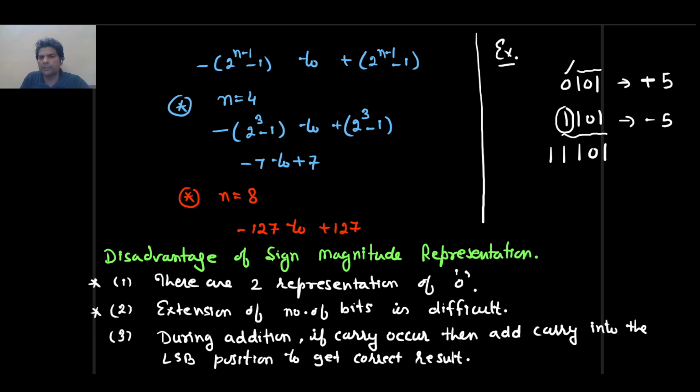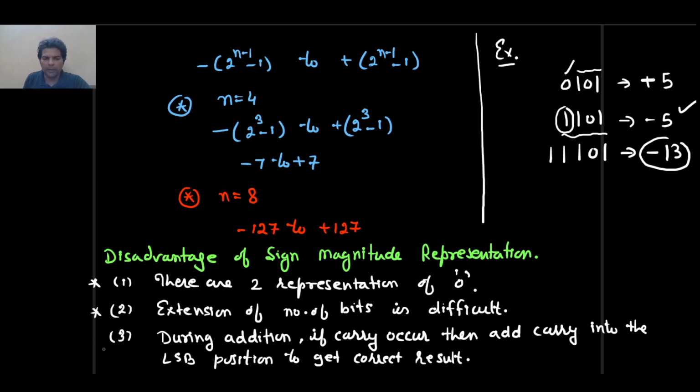That is the meaning of extension of number of bits. But then this number is minus 13, so the same value we cannot retain. This value should be minus 5 if we extend the number of bits. That's why extension of number of bits is difficult in sign magnitude representation.